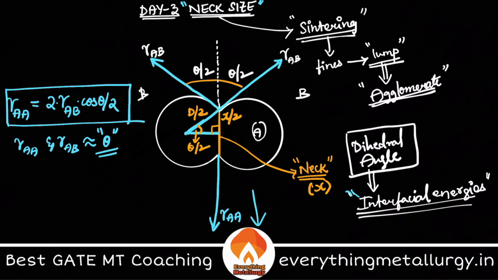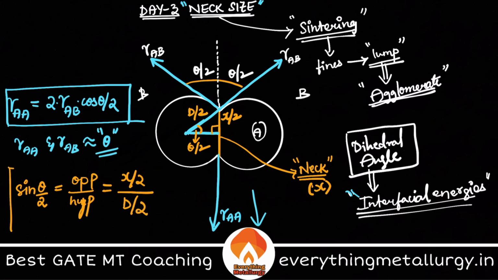Nice. So now what can we do here? Simply take sine of theta by 2. Usually, what is sine theta in a right angle triangle? You get opposite side by hypotenuse. So here my opposite side is x by 2, and my hypotenuse is d by 2.